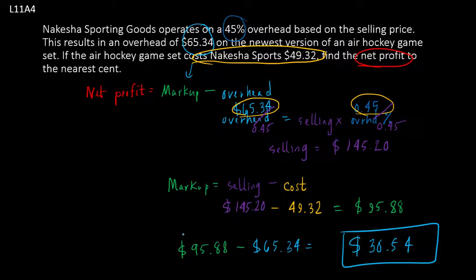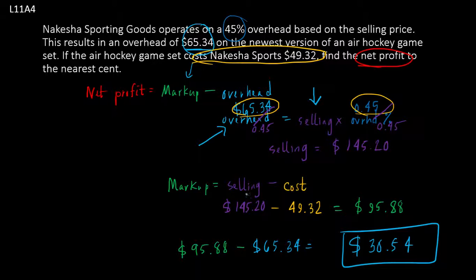Now, one of the keys here was writing out the equation for overhead, even though they actually gave me the amount, right? They told me overhead was $65.34, but I went ahead and wrote out the equation anyway, and that's how I figured out that I could solve for selling price using overhead.